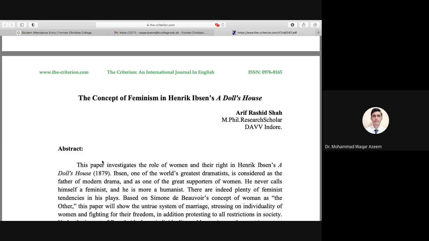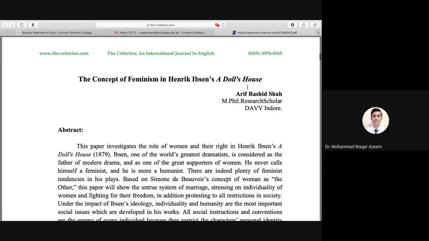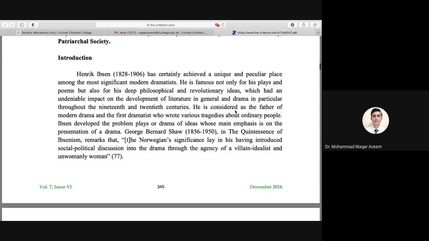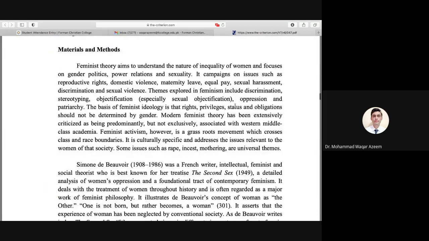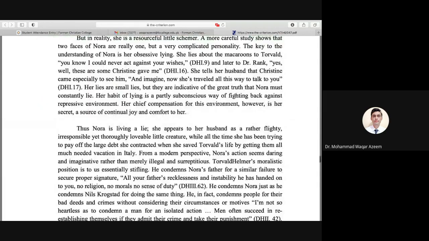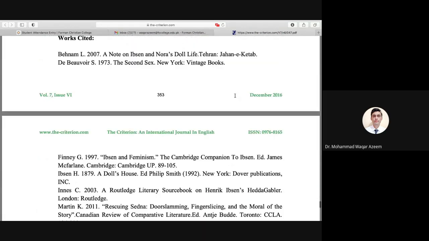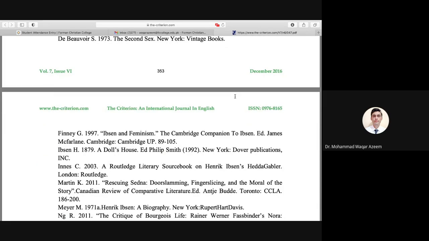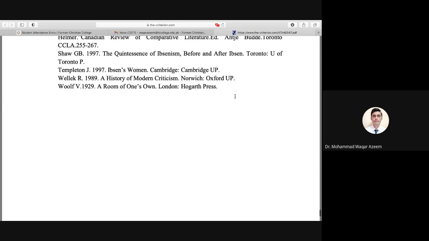Now, this is about the concept of feminism in Henrik Ibsen's A Doll's House. This is the first thing that will alert me whenever I look for resources: the author is an MPhil Research Scholar. One of the criteria that we keep in mind while determining the authenticity of resources is the credibility of the author.